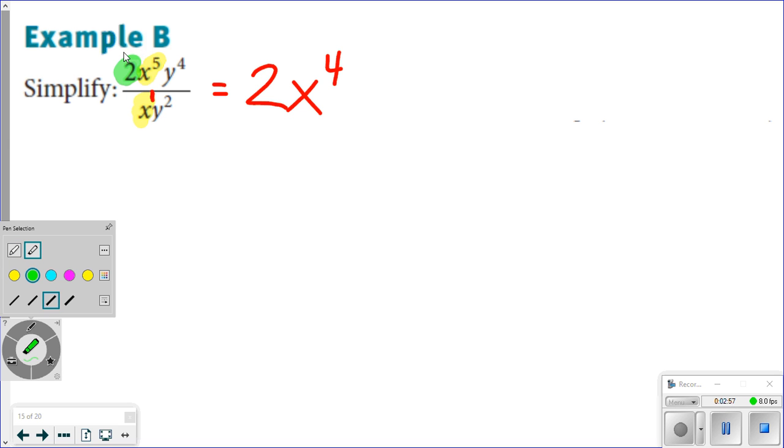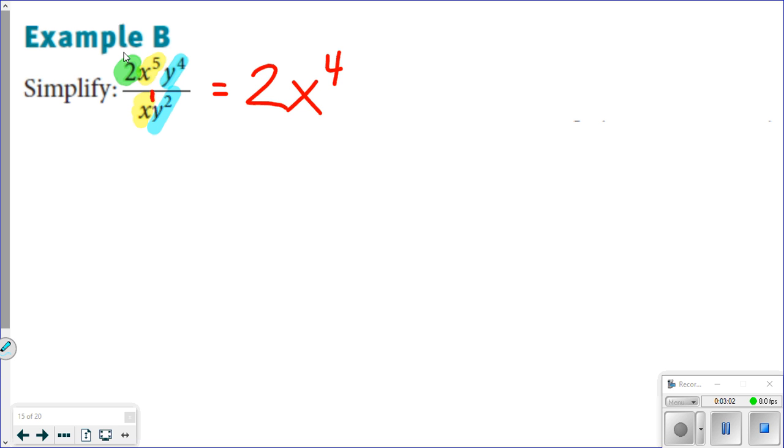Then my last base up here is the y's. So I'm going to keep the y. And 4 minus 2 is what my exponent would be. 4 minus 2 is 2. So the answer is 2x to the 4th y squared.